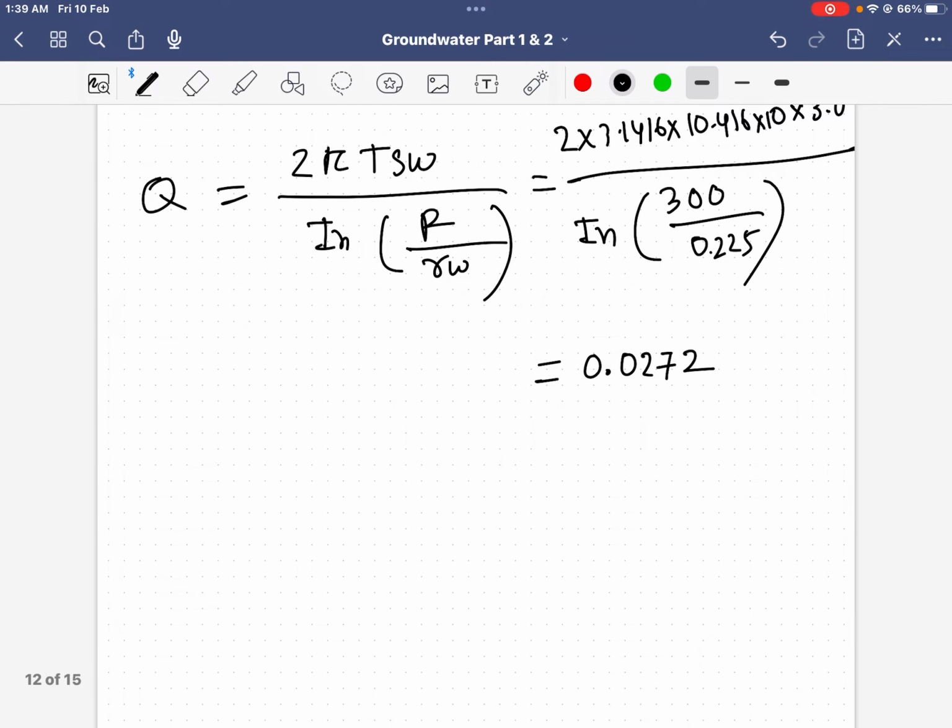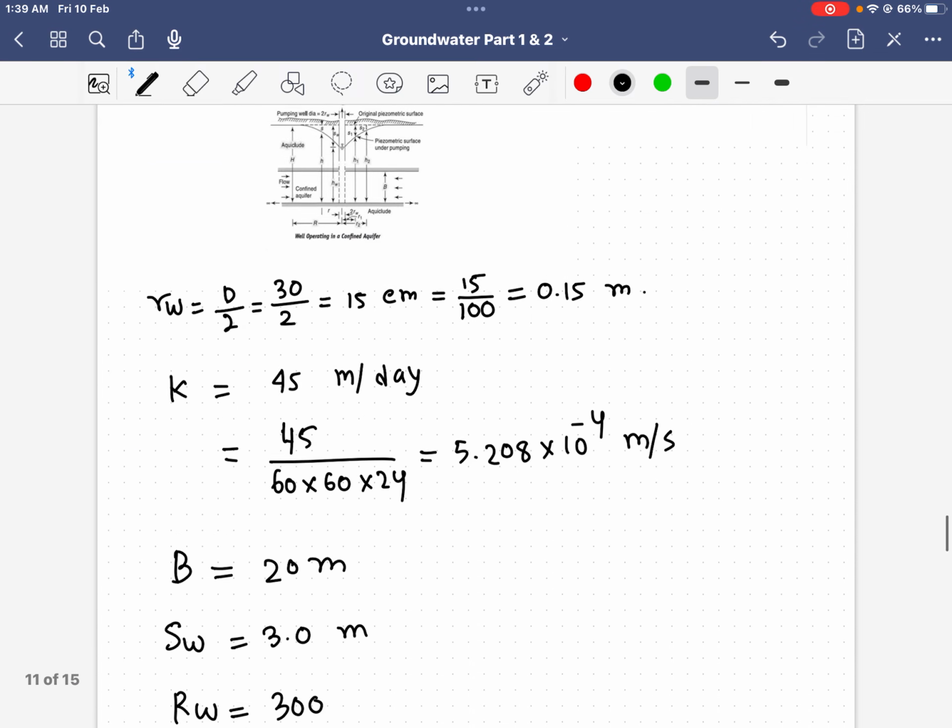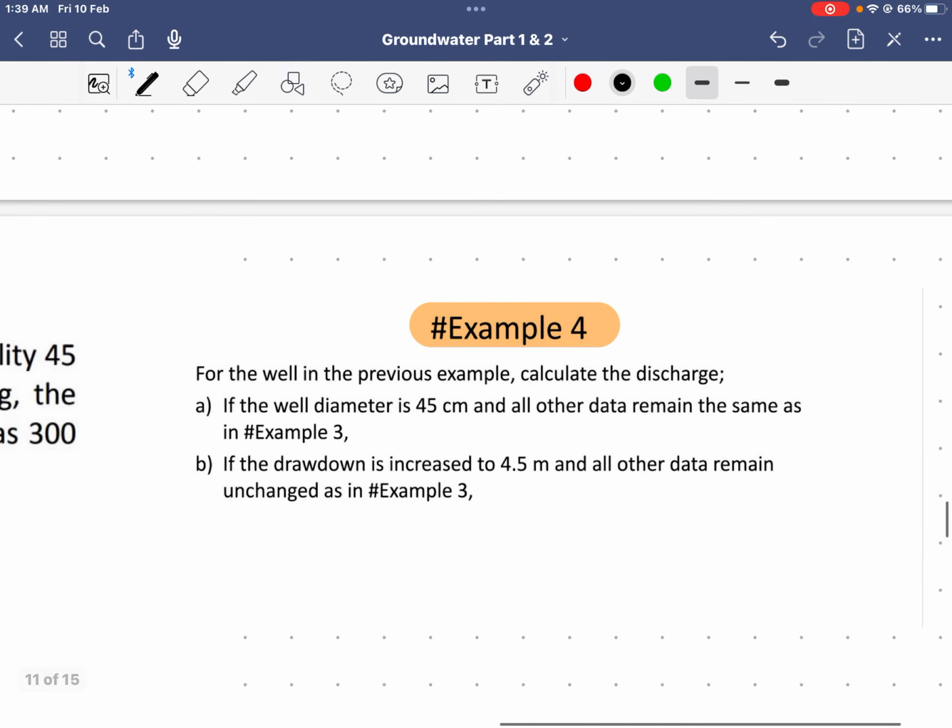So this Q is in meter cube per second. This is my solution for the discharge if I change the diameter.